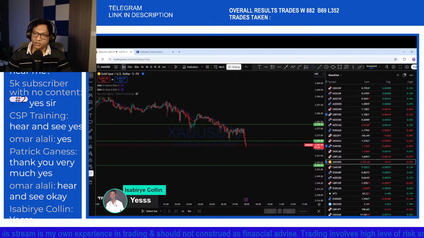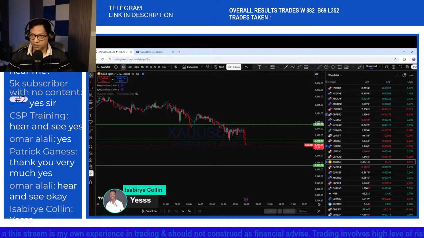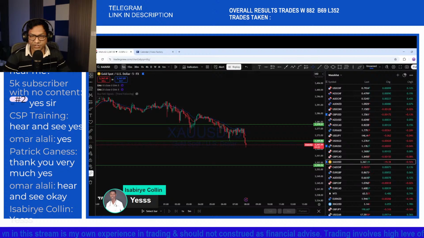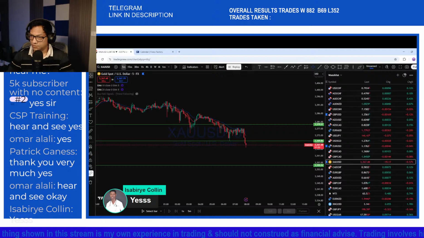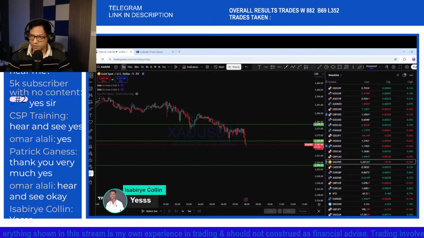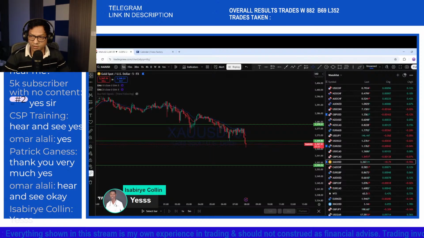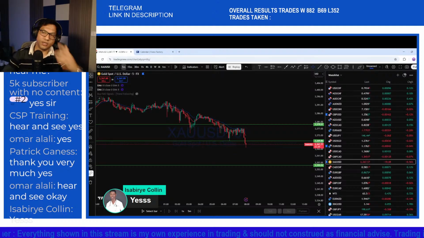The key here is to wait for the right price action confirmation. Price action confirmation is the key here.